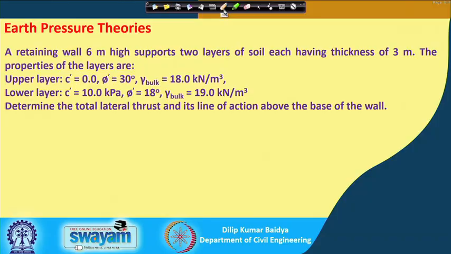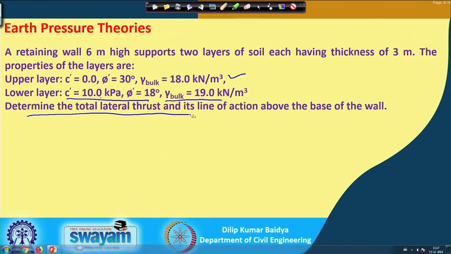The problem says: a retaining wall 6 meter high supports two layers of soil, each having a thickness of 3 meter. For the upper layer, C is 0, phi is 30 degrees, gamma is 18, and for the second layer, C is 10, phi is 18, and gamma is 19. Determine the total lateral thrust and its line of action.